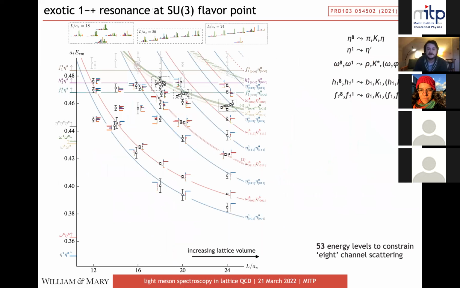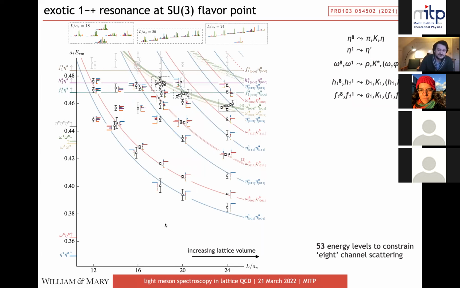So a rather interesting case we looked at recently was the exotic 1 minus plus channel. Here, again, we're working up at this SU(3) flavor point where the light quark masses are equal to the strange quark mass. And here's the spectrum that we obtained from which we will constrain the scattering amplitudes.